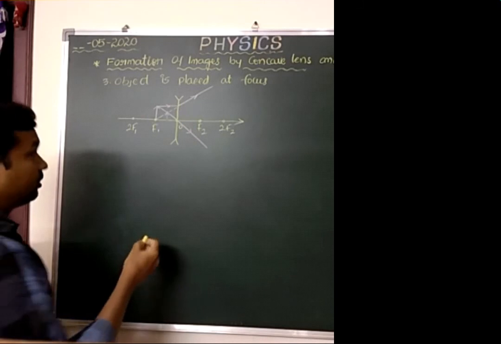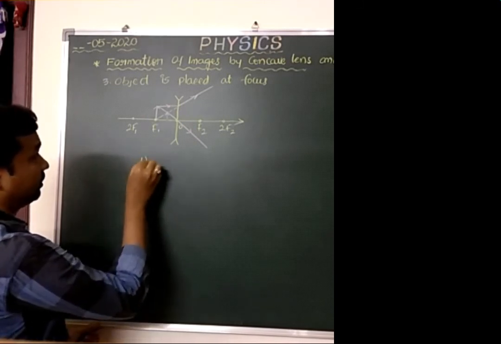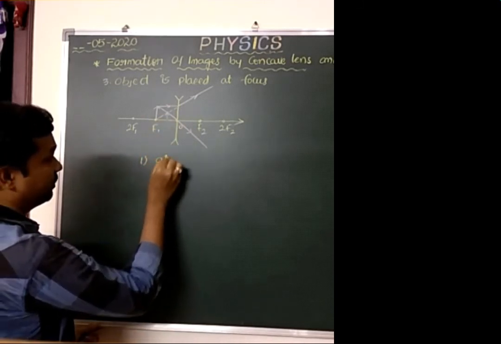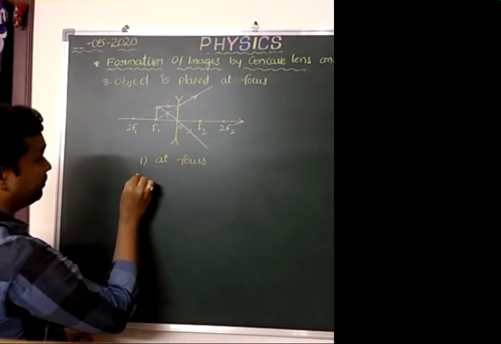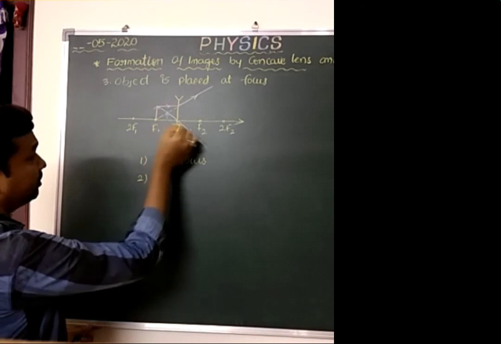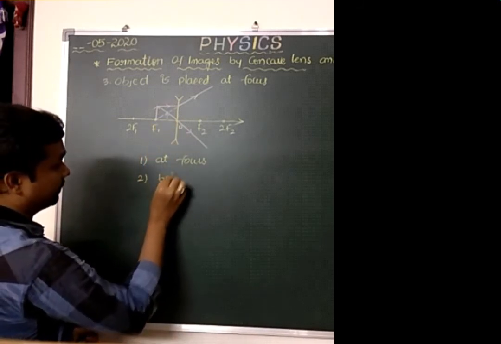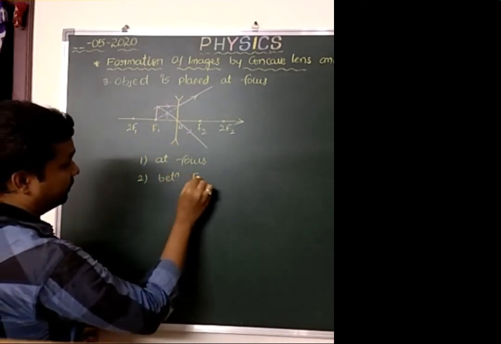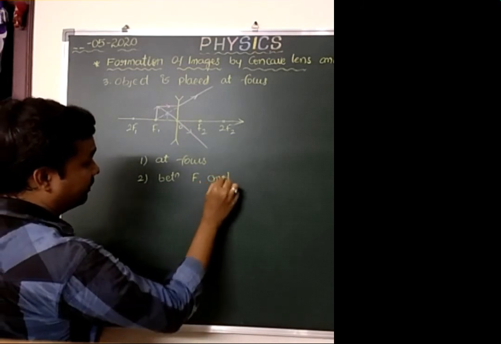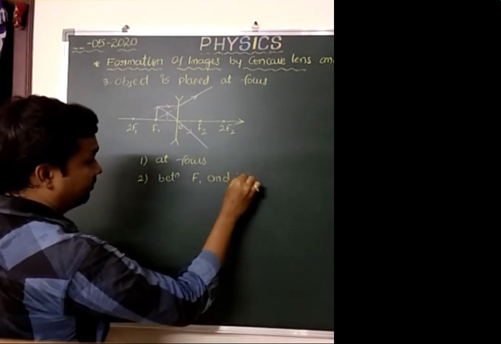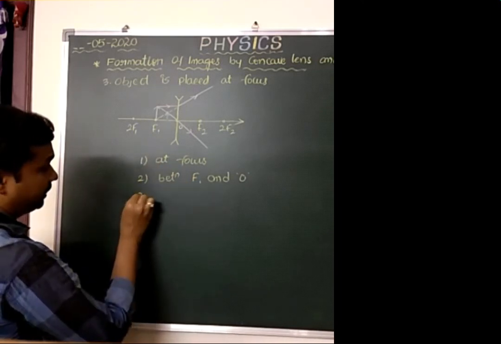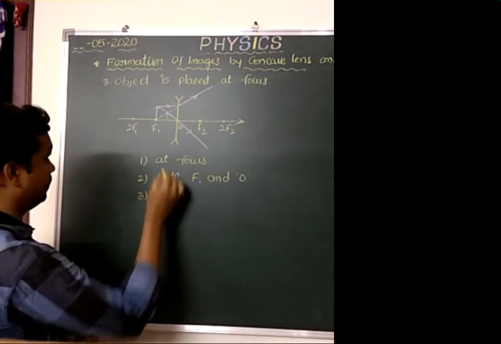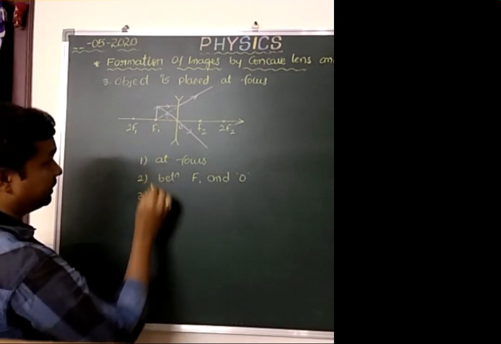Okay, where is the object? Object is at focus. Where is the image formed? Image is in between focus and optic center, or else you can take midway, exactly half the position. What is the size?